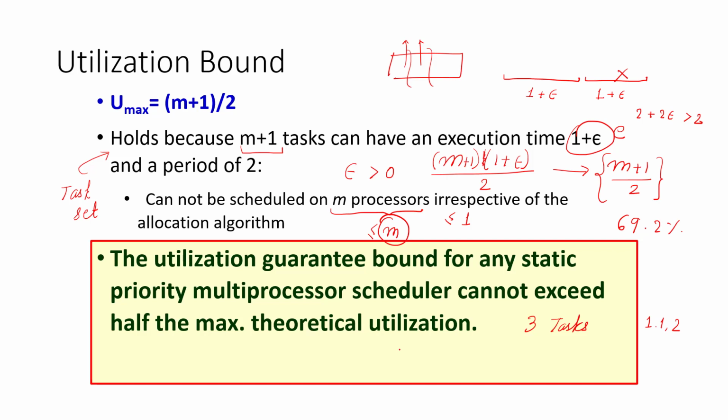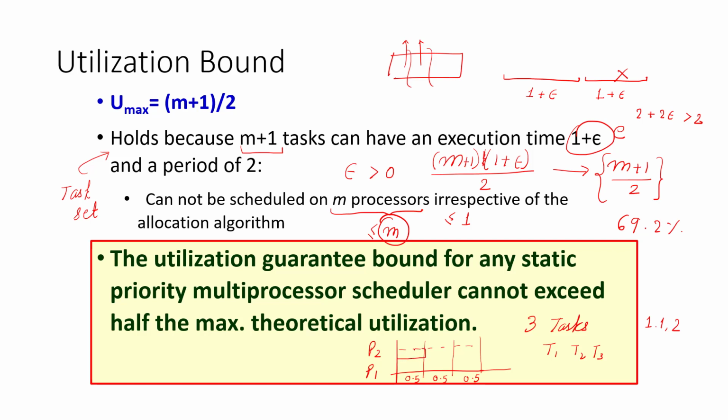Then what I can do is that if I have the two processors P1 and P2, this is processor P2, this is processor P1, and the tasks are numbered T1, T2, and T3. What I could do is divide time into intervals: the first 0.5, second 0.5, and third 0.5.